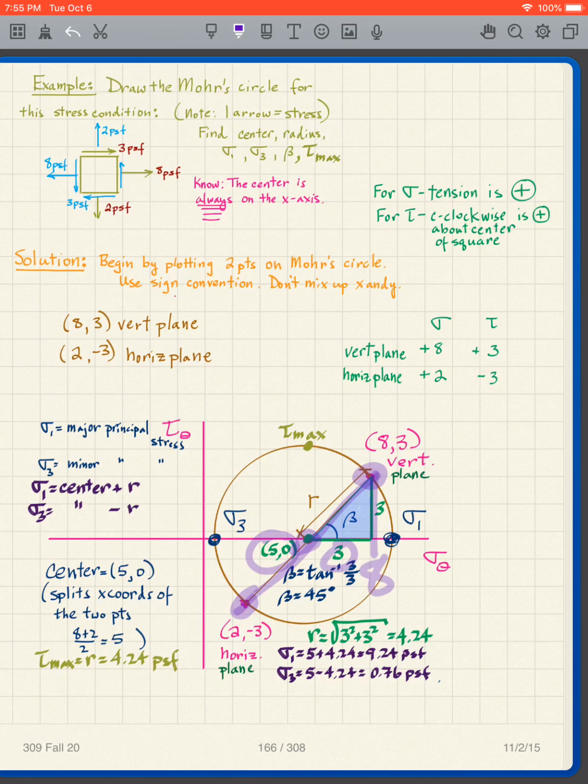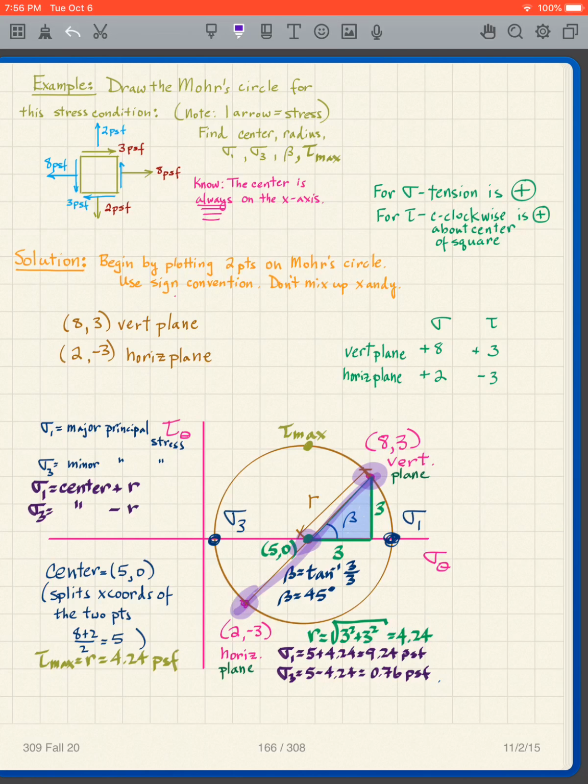So I'm able to get that leg of this triangle, and then the y-coordinate is 3, so this is going to be 3. So to get the hypotenuse of that triangle, I simply take the square root of 3 squared plus 3 squared. It's the Pythagorean theorem. You've all done it. So I get a radius of 4.24.